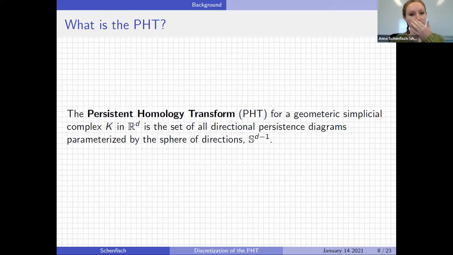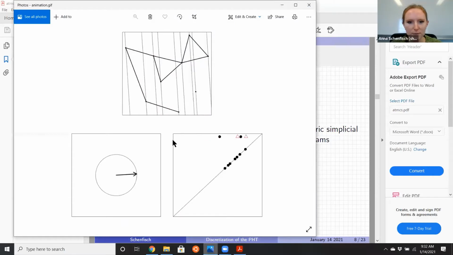So now we're ready to define the persistent homology transform, which is abbreviated PHT. Given a particular simplicial complex embedded in Euclidean space, the PHT is the set of all directional persistence diagrams generated by the entire sphere of directions. I have a little video of that which I think is helpful.